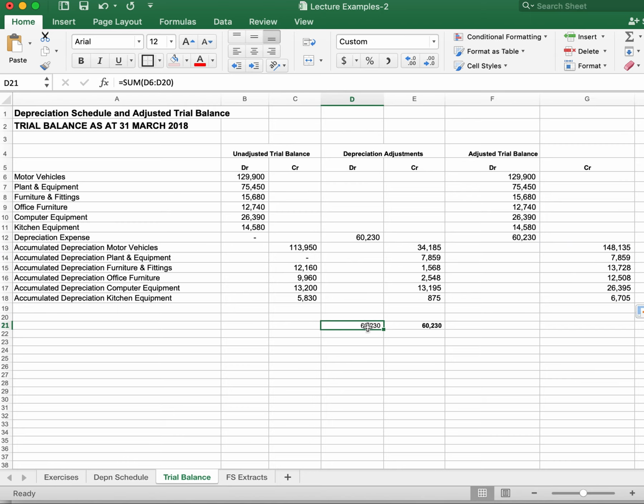Okay, right. The main thing is my adjustments balanced. Debits equaled my credits, and that should be my closing trial balance. All right. So that's that part.